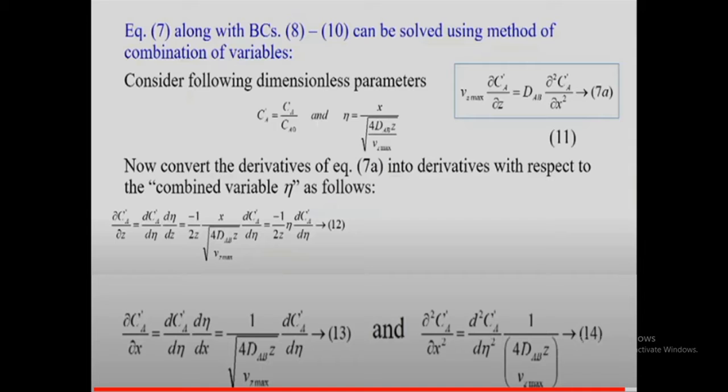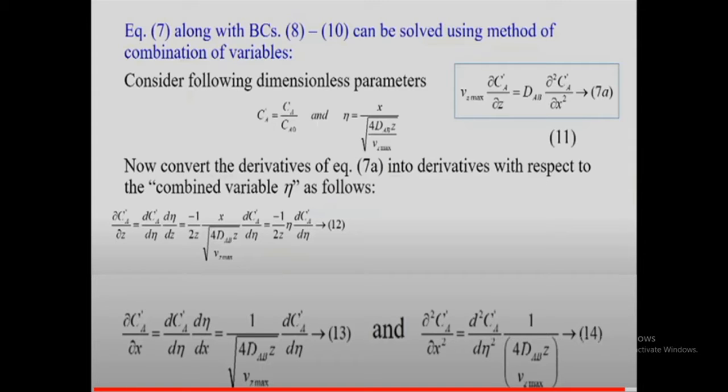Here, differentiating z power minus 1 by 2 gives minus 1 by 2 into z power 3 by 2. Are you clear or not? Okay. So coming to the 12th expression, d eta/dz is minus 1 by 2 z power 3 by 2 divided into z into root z.